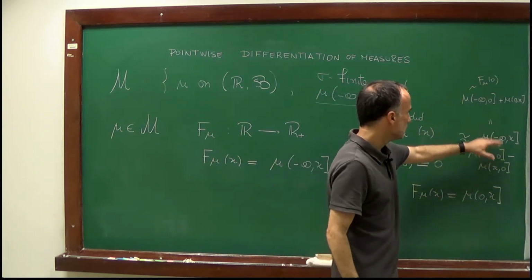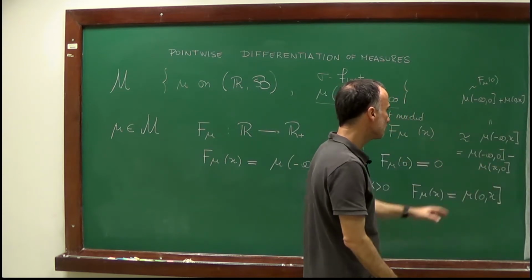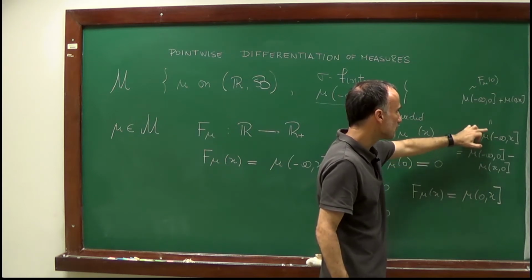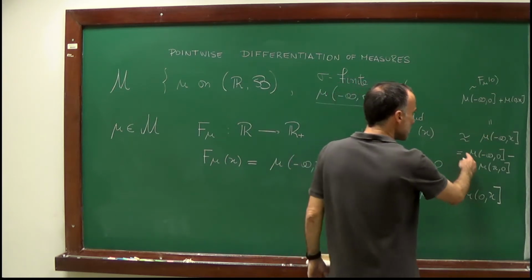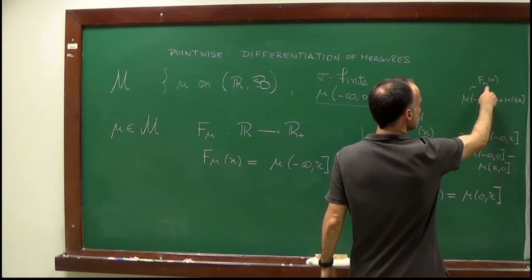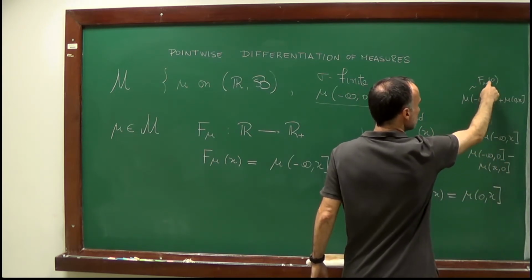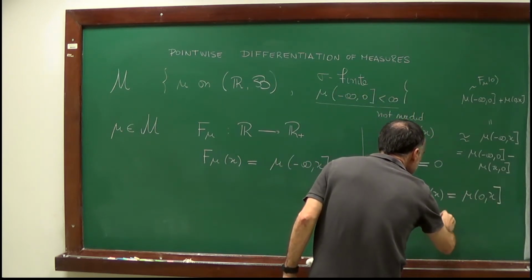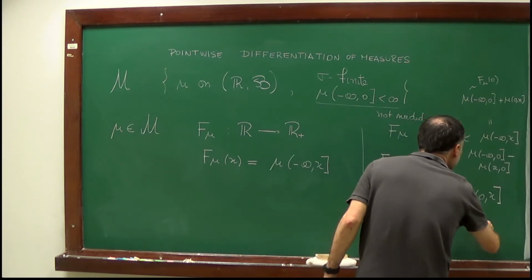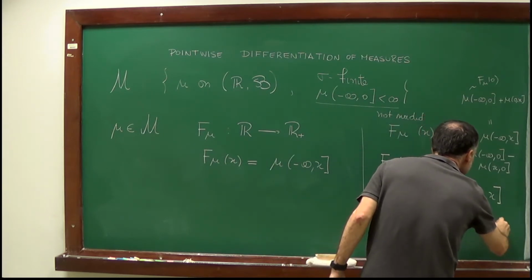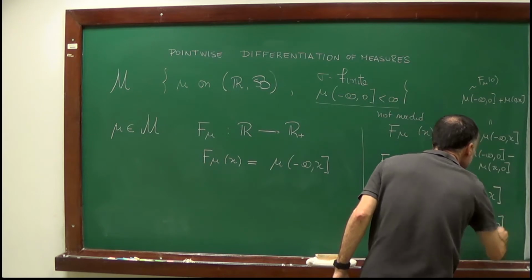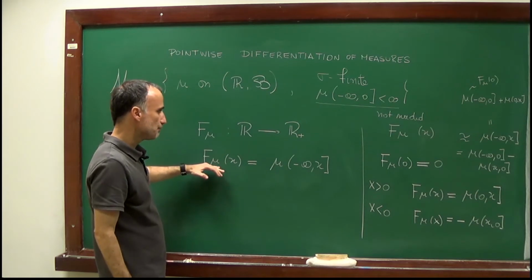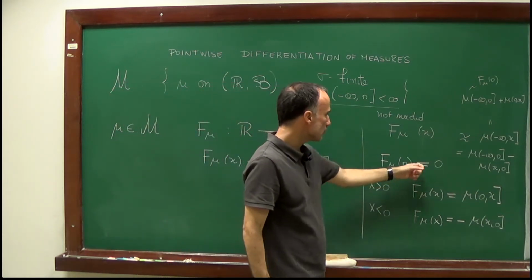Right? Because, well, I have here a formal identity. It's an identity, but this expression is equal to plus infinity and that one also. But since I'm supposing that this should represent f mu of 0 and f mu of 0 is 0, I'll set f mu of x to be minus mu of x 0. Okay? So without this assumption, I still can define a function f in this way. It will be 0 at 0.